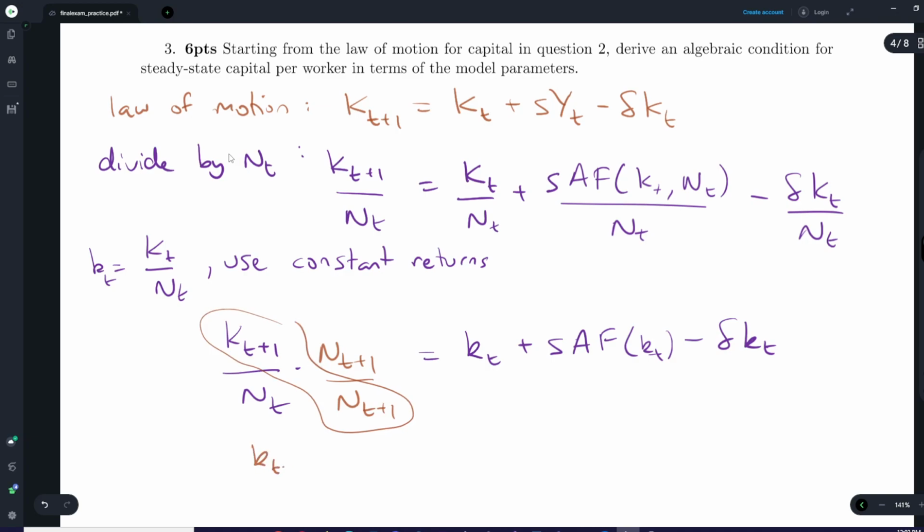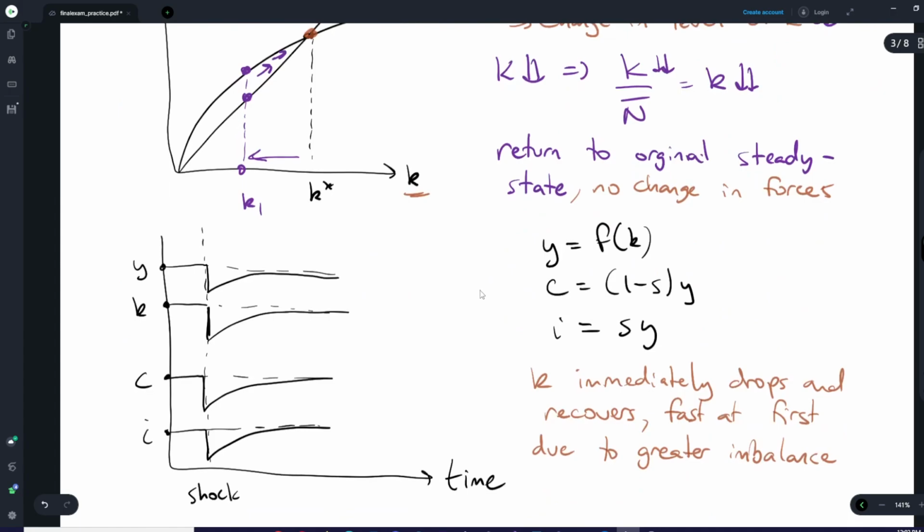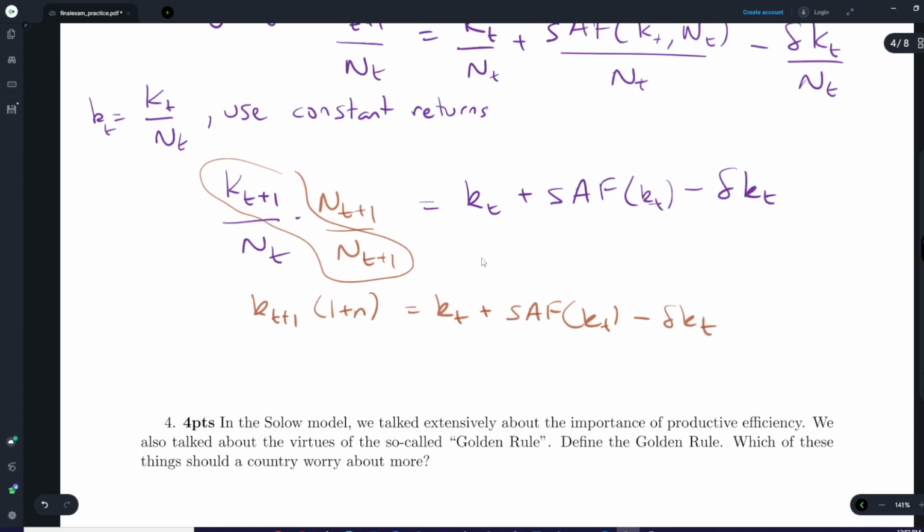So this gives me k_{t+1} times (1 plus n) is equal to k_t plus sAF(k_t) minus delta k_t, right? N_{t+1} over N_t is just using the law of motion. N_{t+1} over N_t is just the growth rate, right?